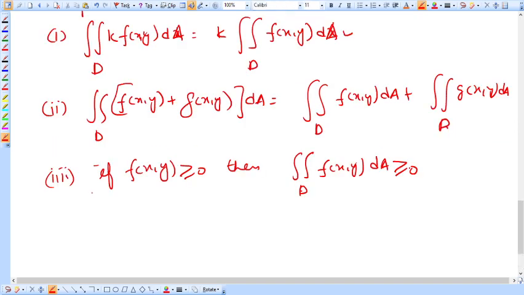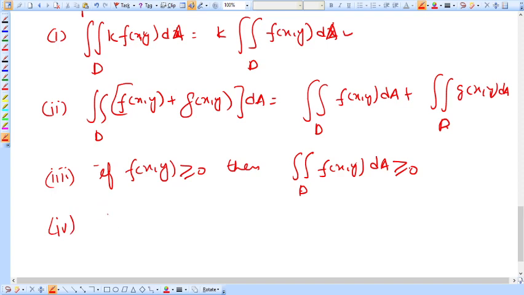These properties are pretty much the same as those of single integration or line integration, so we don't need to go through each and every property. I'm just giving you a brief idea. One more property I'm going to write here, then you can check the rest of the properties on your own, right?